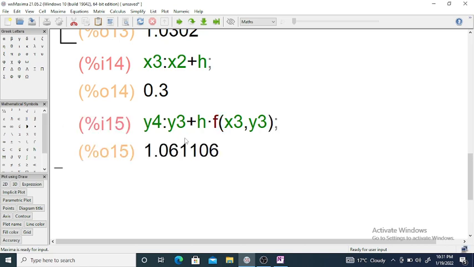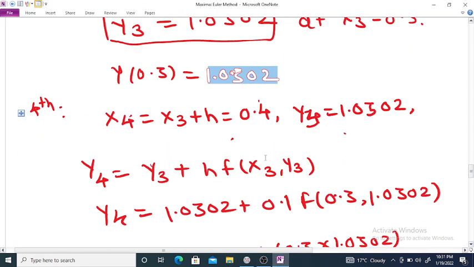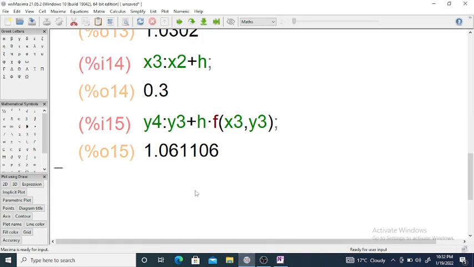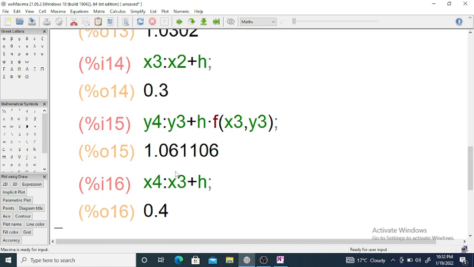If you press enter, it is 1.0611. You can check here, this is the value of y4 at x4. So what is x4? x4 is equal to x3 plus h, so x4 is 0.4.